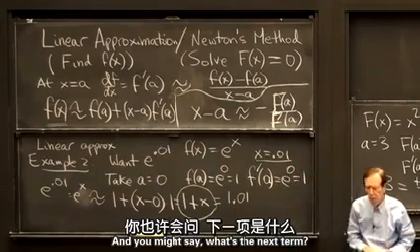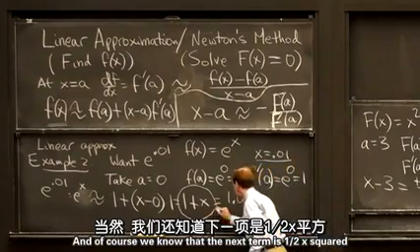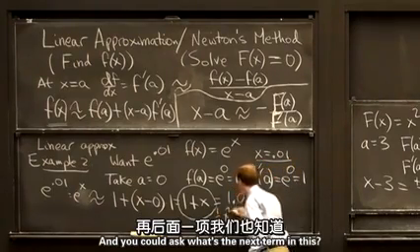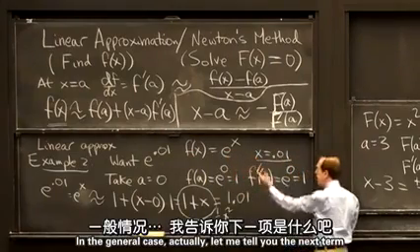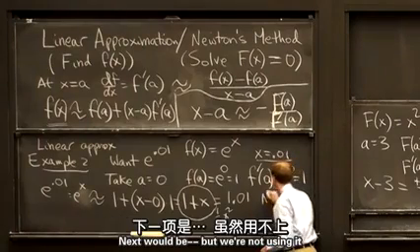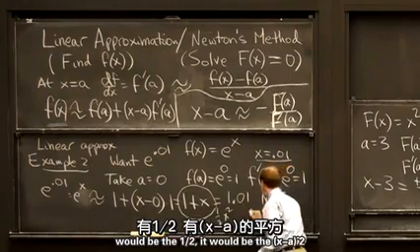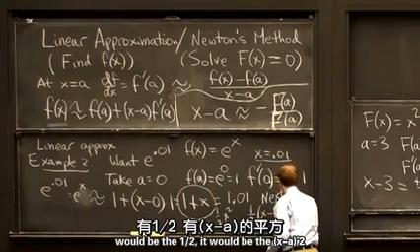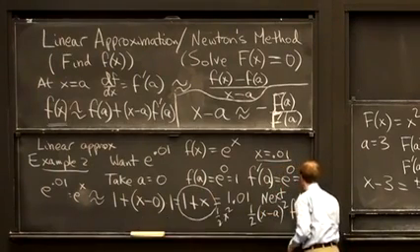And you might say, what's the next term? And of course we know that the next term is 1/2 x squared. And you could ask, what's the next term in this? In the general case, actually, let me tell you, the next term, but we're not using it, would be the 1/2 x minus a squared, and it would be the second derivative at a.